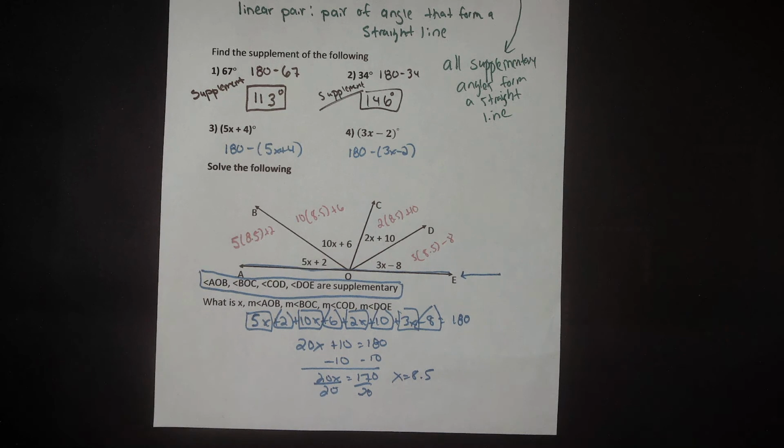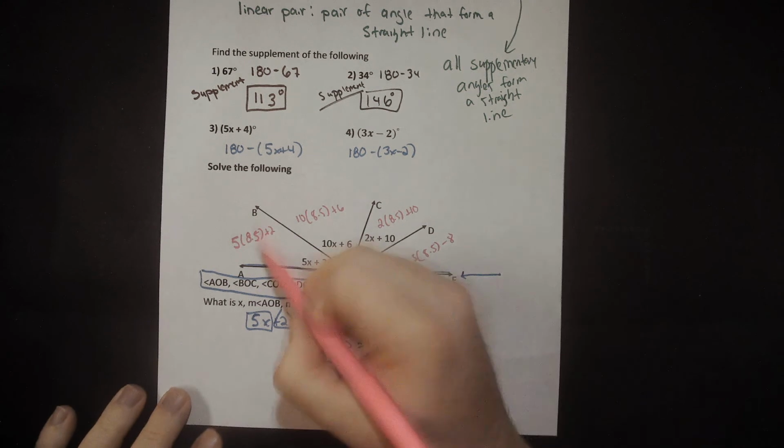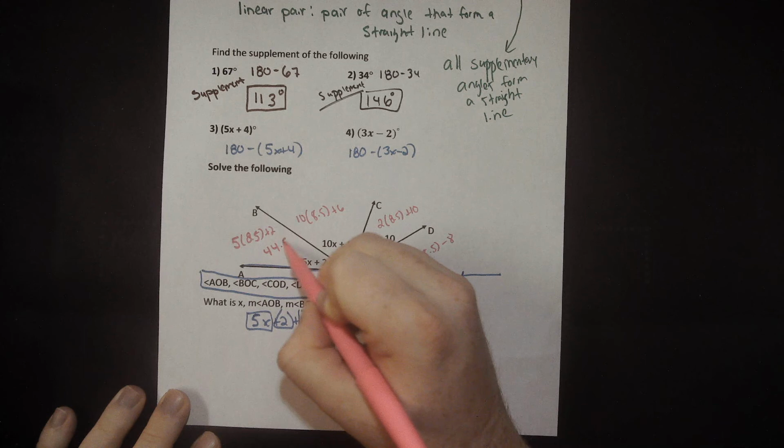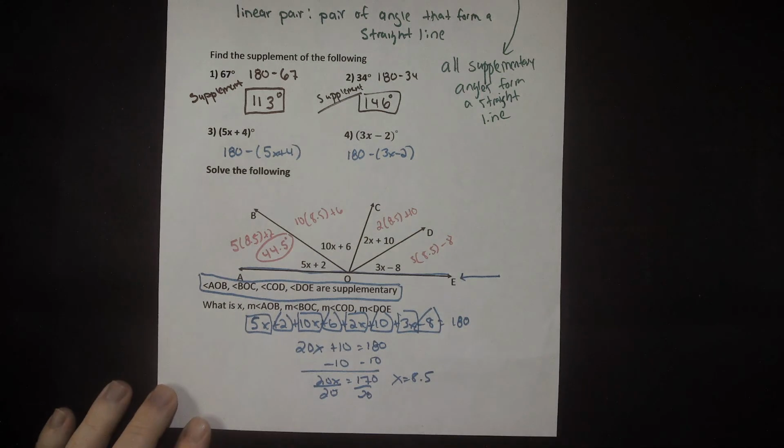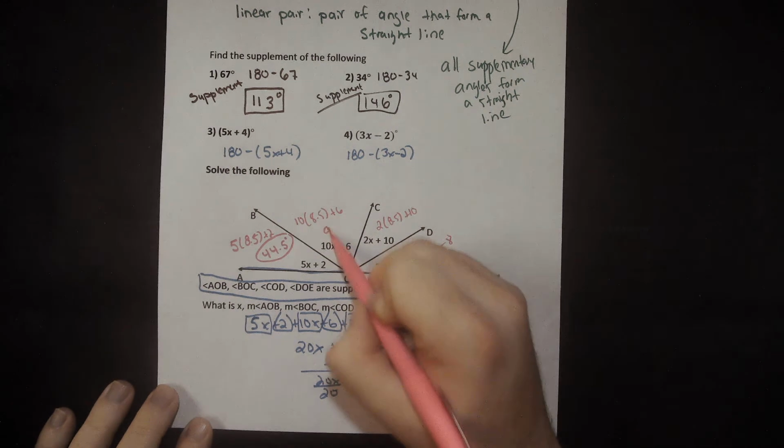So let's see, 5 times 8.5, so that's 40 and 2.5, so 42.5 plus 2 is 44.5 degrees. 10 times 8.5 is 85, plus 6 is 91.